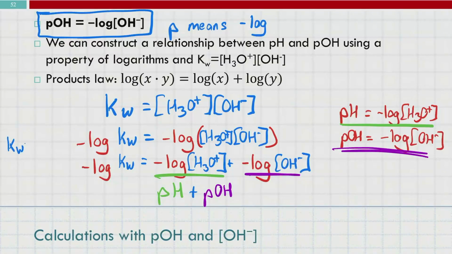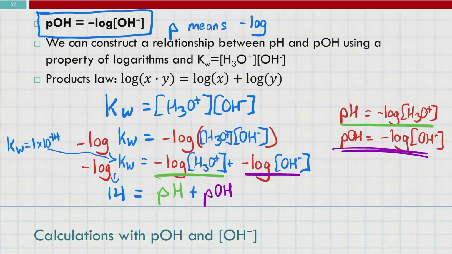And helpful for the left side is that Kw is equal to 1 times 10 to the minus 14. If you evaluate negative log of Kw, meaning that you plug it into your calculator and you get a number out, this is just 14. So 14 equals pH plus pOH.